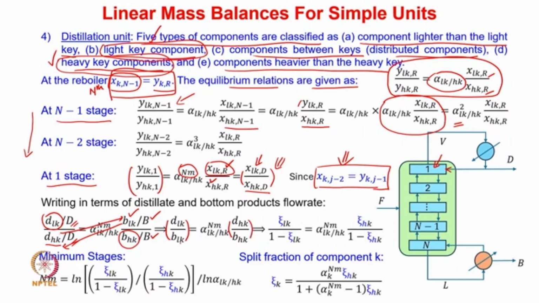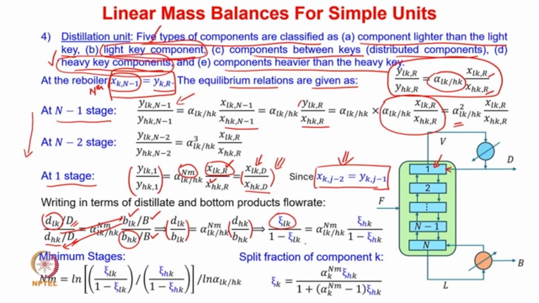Now DLK by BLK is what? DLK is nothing but the molar flow rate of the light key component in the distillate, and BLK is the molar flow rate of the light key component in the bottom product.